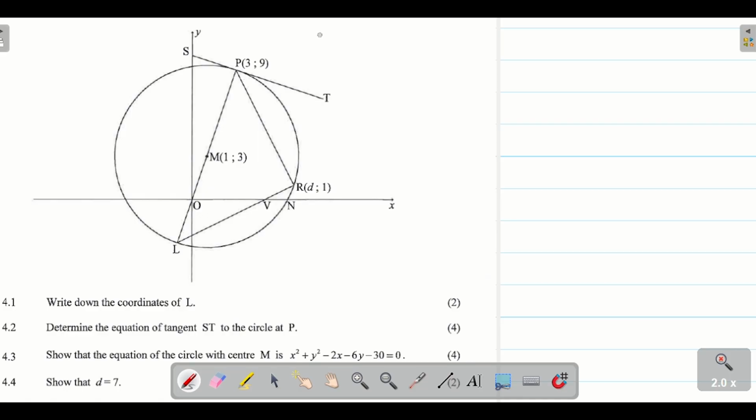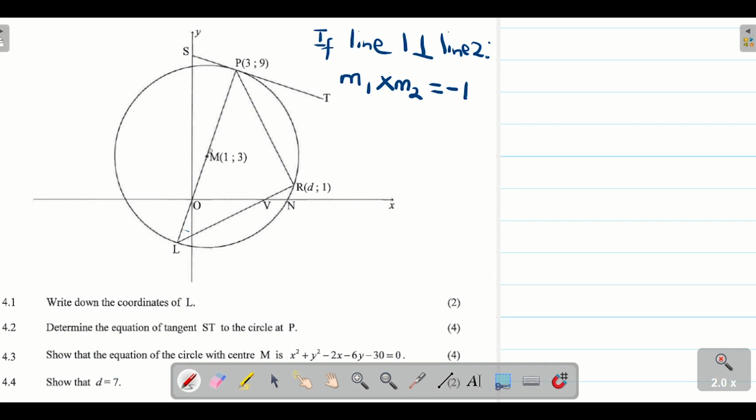But you need to remember that if line 1 is perpendicular to line 2, then the gradient of line 1, when you multiply it with the gradient of line 2, you're going to get negative 1. This is something that we know about perpendicular lines, and it will help us here because this line is the radius of a circle.